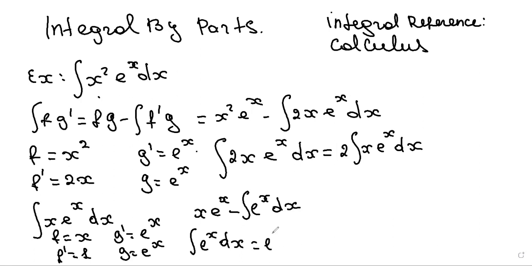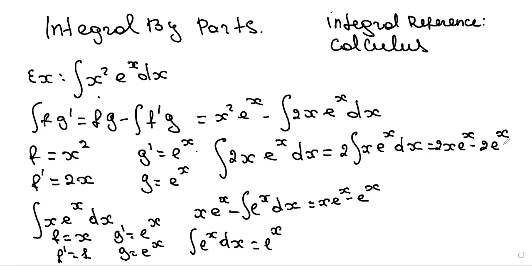And we know that the integral of e to the power of x dx is e to the power of x again. So we are going to have x e to the power of x minus e to the power of x. So this gives 2x e to the power of x minus 2e to the power of x.